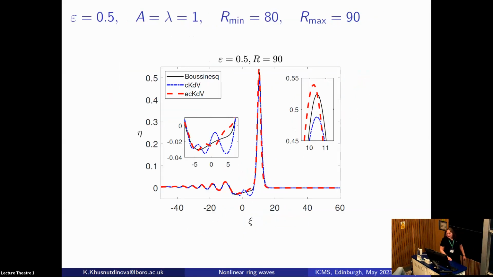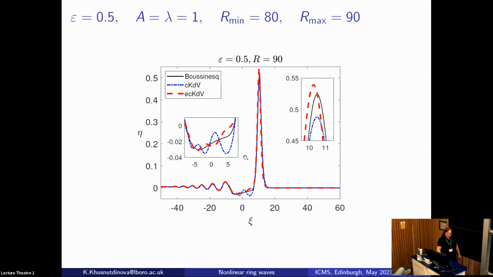And finally, that's an extreme case, epsilon equal to 0.5. That's the amplitude parameter. And red is extended CKdV, blue is CKdV. And we see that extended CKdV overshoots, CKdV undershoots.